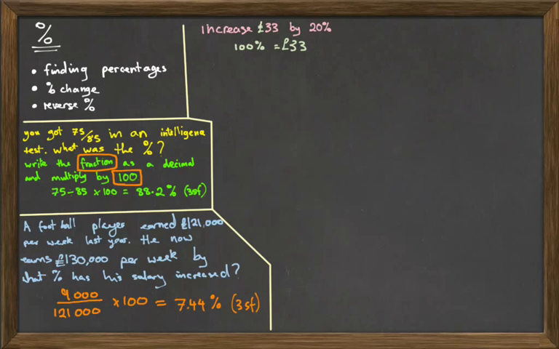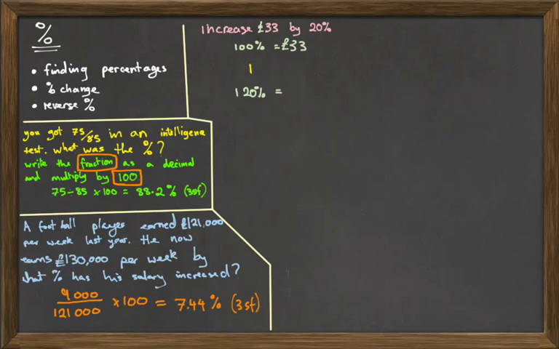So to start with in this question, we're starting from 100%. 100% is equal to £33. We want to increase that by 20%. So our new percentage that we're going to end up with is 120%. We went from 100, increased that by 20% to get to 120%.